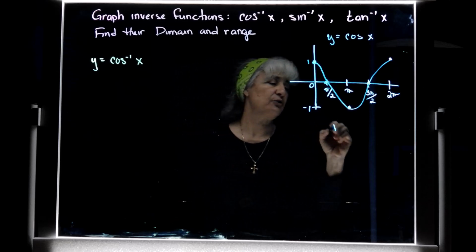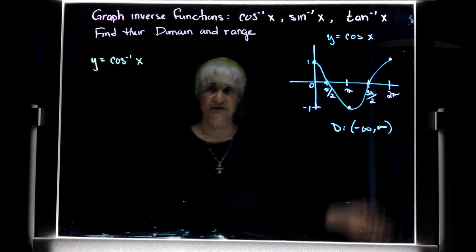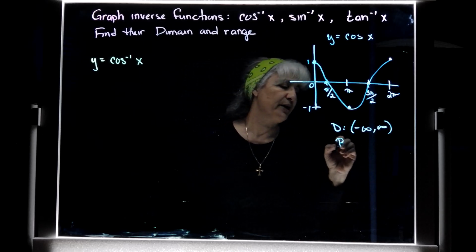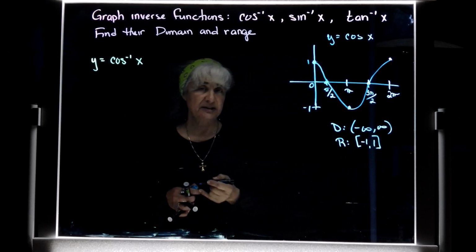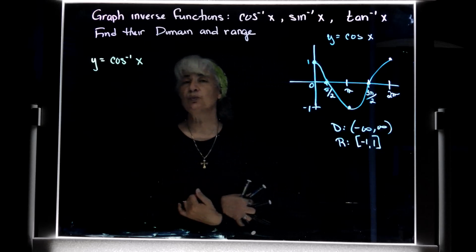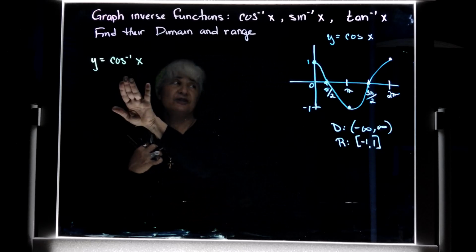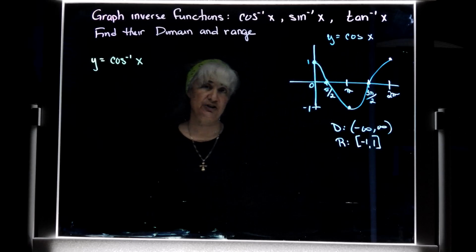Now, if I look at its domain, the domain technically is -infinity to positive infinity, right? And then the range would be from -1 to +1, right? But for it to have an inverse, the cosine function has to be a one-to-one function.